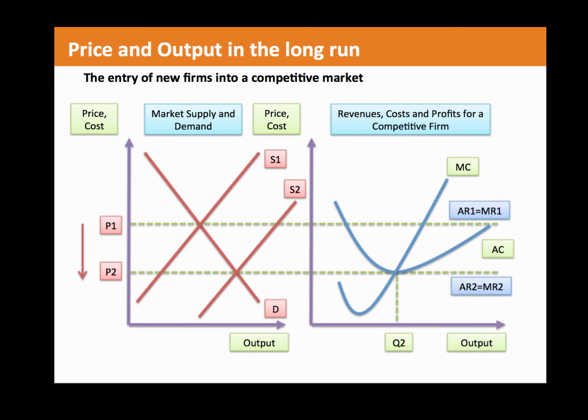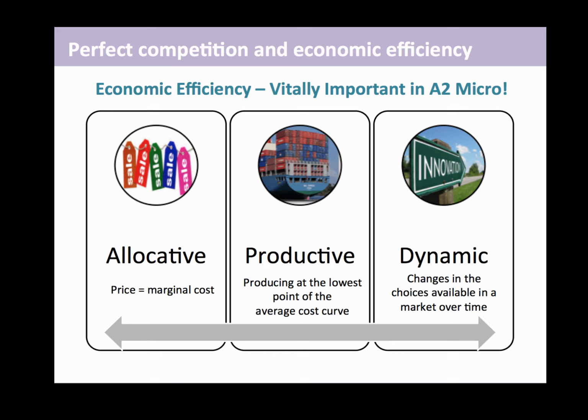Now, when one's talking about competitive sectors, competitive markets, it's incredibly important today just to be able to talk about the three types of efficiency. Allocative efficiency is essentially about optimizing the allocation of scarce resources. One of the conditions for allocative efficiency is that the price charged by suppliers is a fair reflection of the marginal cost of supply.